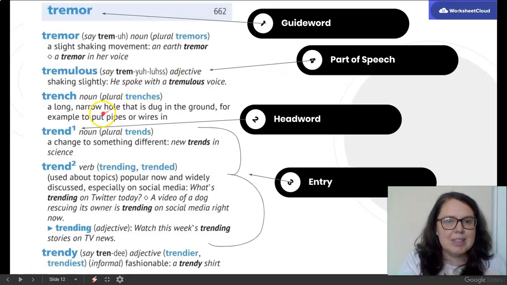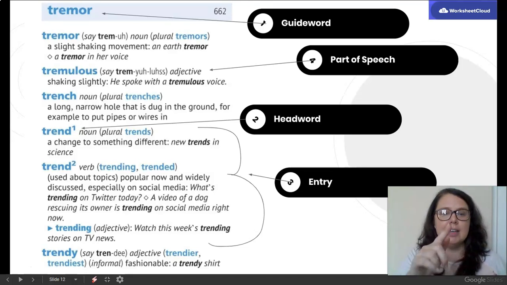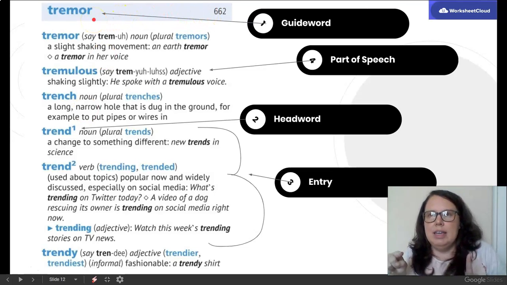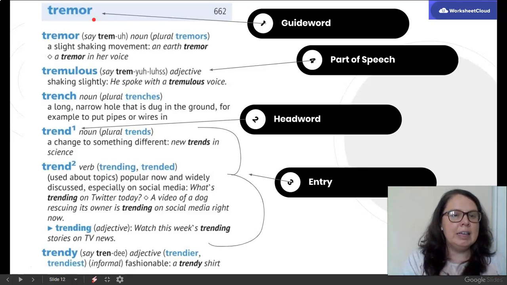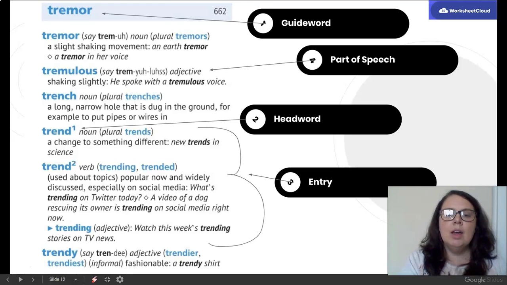Your head word is the word you're actually looking up. So let's pretend we wanted to look up "trend." How did I know "trend" would be on page 662? Because I knew it was TRE and then I followed. Now, "trend" is the word I'm looking up. As you can see, it has two meanings. This entry has provided both for you. So that is the head word, the word I'm looking up.